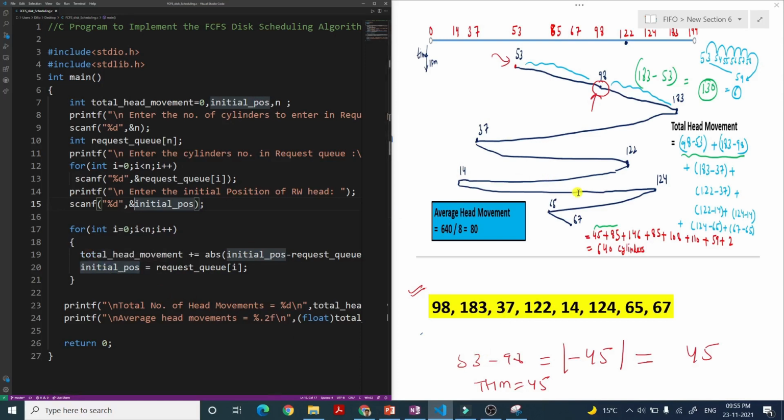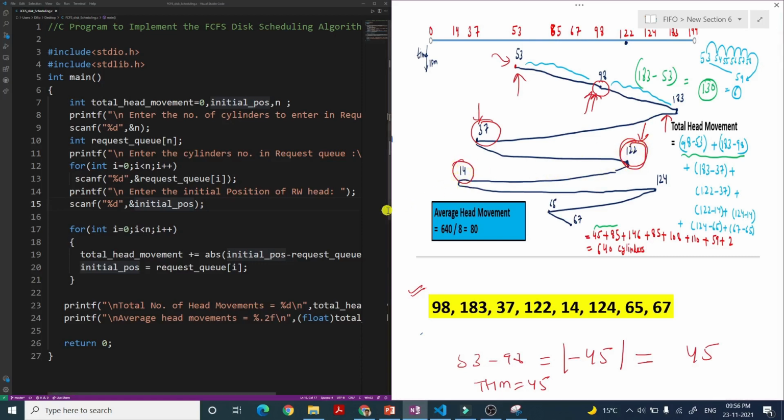Basically my initial position keeps on changing. Next time I will find the subtraction of this initial position minus the request key, then the initial position will change again, for example the initial position 122 minus 14.